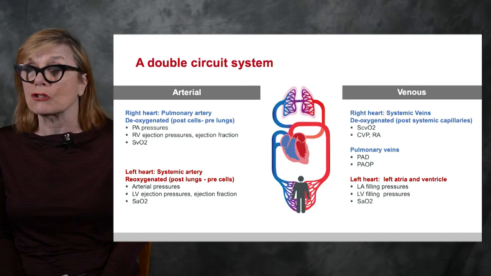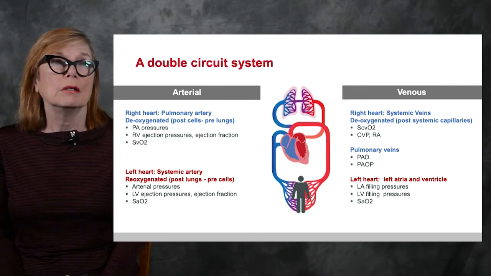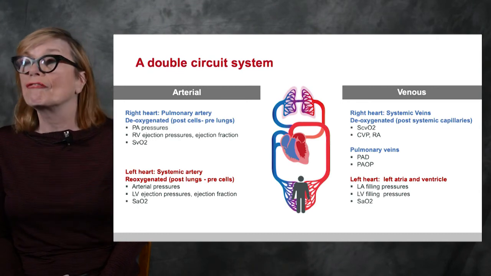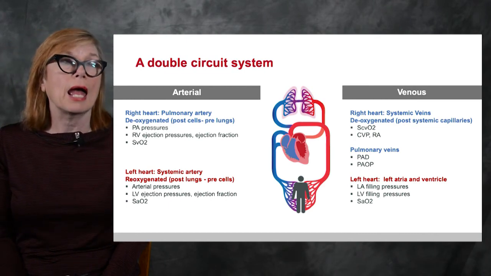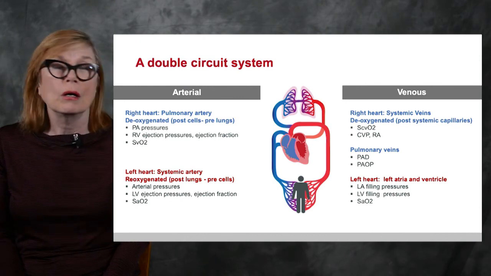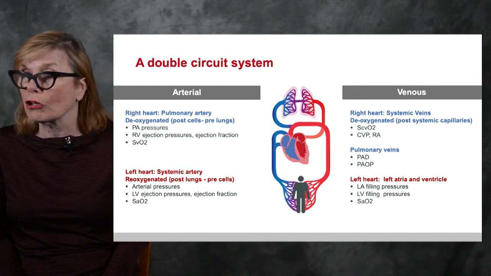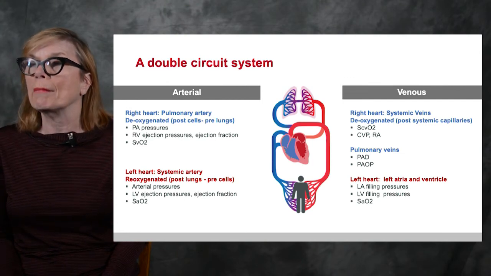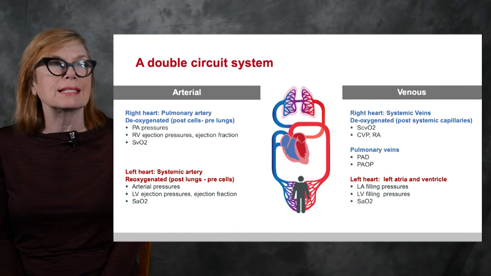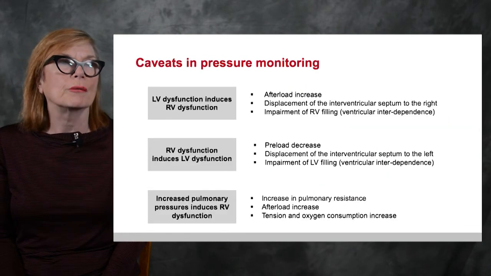And the left heart, both filling and ejection, which is reoxygenated and mobilized by the left heart. They are not the same. It does our patients a disservice to assume that they're the same, but we always want to remember that one cascades into an effect on the other.